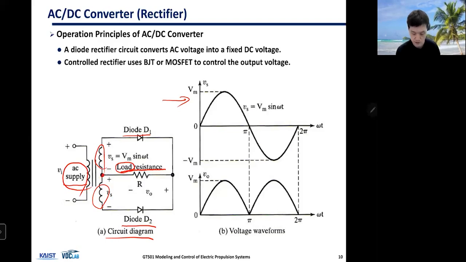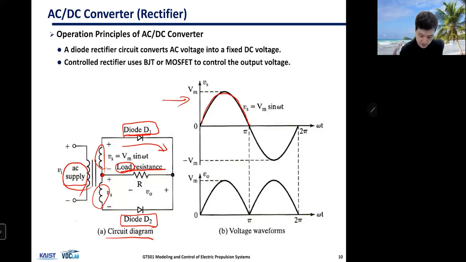Okay, so at this node, you're getting this AC type of signal, and if you look at the circuit, then this diode actually controls the direction of the current flow. For example, let's say you have a positive direction voltage. The diode only allows the current flow towards this direction, right?